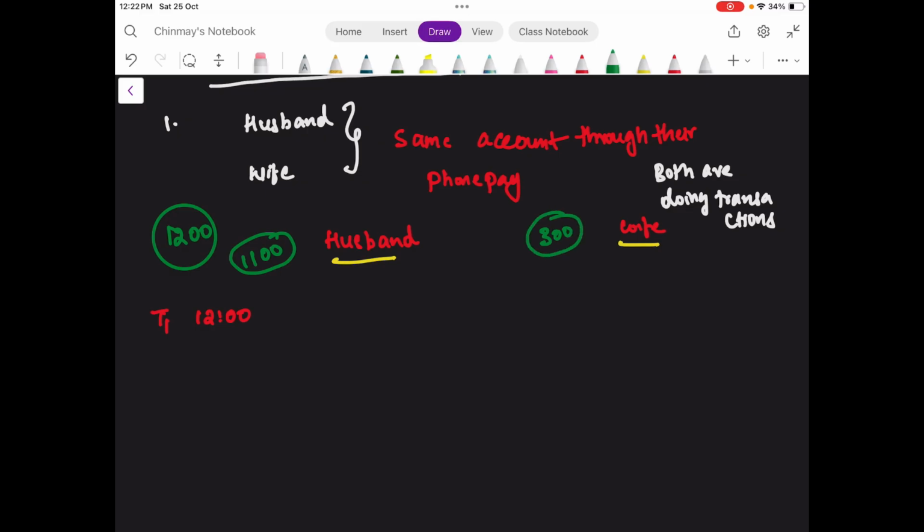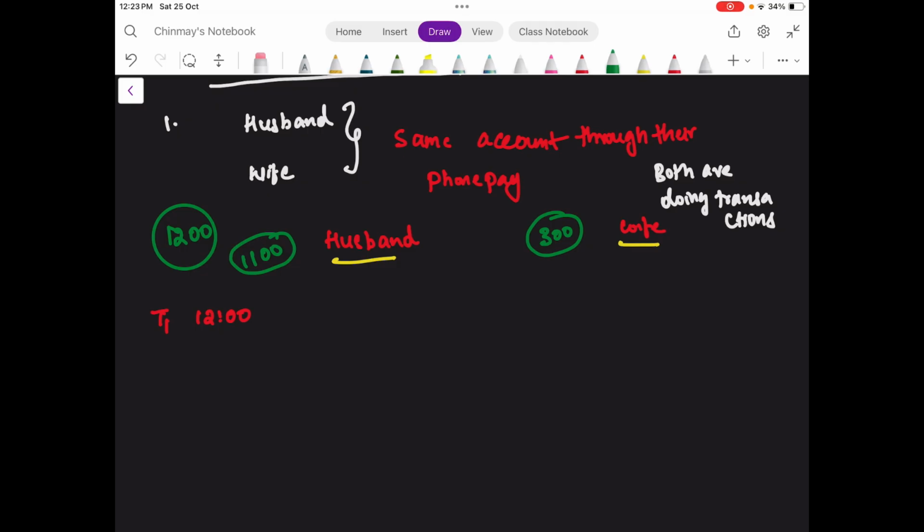Both are in two different places. The wife is at home and the husband is at some other place. The husband is trying to debit 1100 rupees because there is a 1200 balance. In the same way, the wife also starts debiting 300 rupees with the 1200 rupees balance. It's quite natural, right?